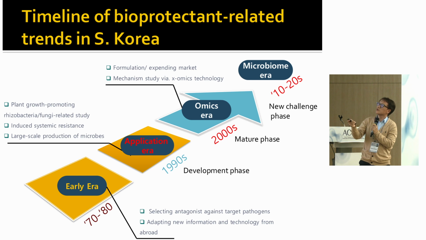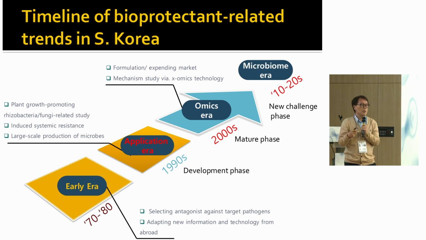We became interested in plant growth promoting rhizobacteria and fungi-related studies, and also introduced induced systemic resistance and applied large-scale production of the microbes. And 2000 was a mature stage. We formulated products, expanded markets, and studied mechanisms through multi-omics technologies.